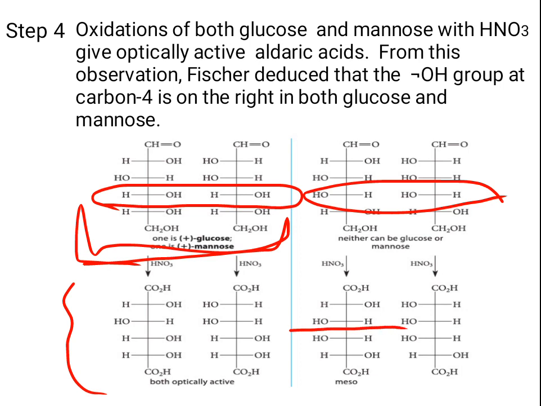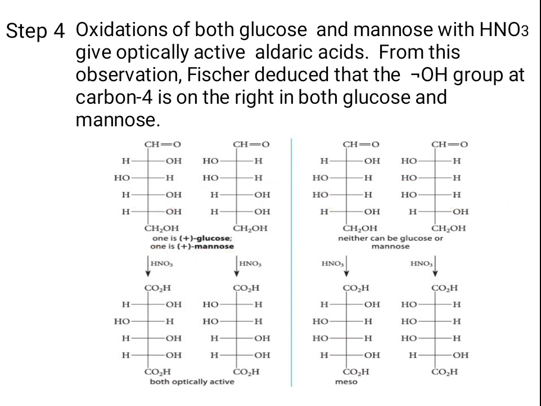So glucose and mannose both of them cannot give optically active compounds. In this case, if the OHs were on the left, then one would be optically active and another would not be. But the experiment shows that both of them are optically active. So from this, Fischer deduced that this OH is on the right.